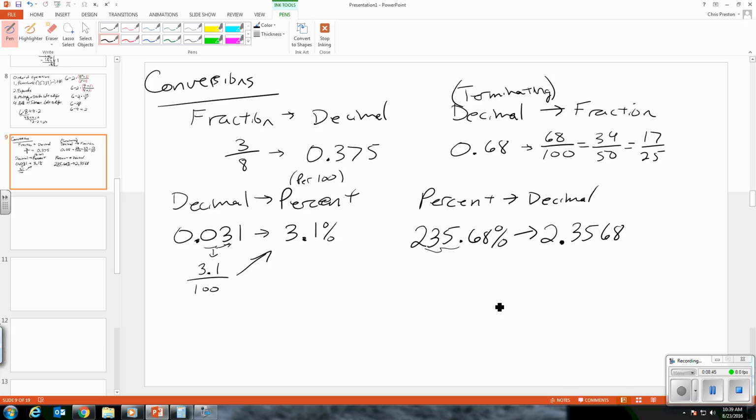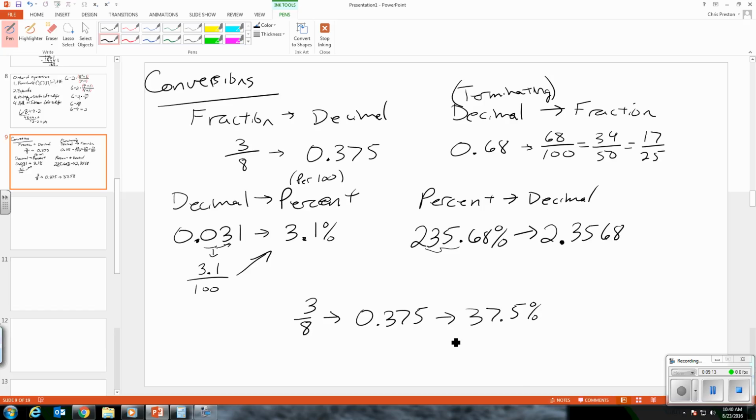And then if you want to do percents into decimals, or fractions into percents, and percents into fractions, usually what you do is the percent to decimal stuff, and the fraction to decimal. So the decimal is kind of like the middle step between going from a fraction to a percent. Like if I had 3/8, I'd probably turn that into a decimal first, and then say, oh, that's 37.5%.